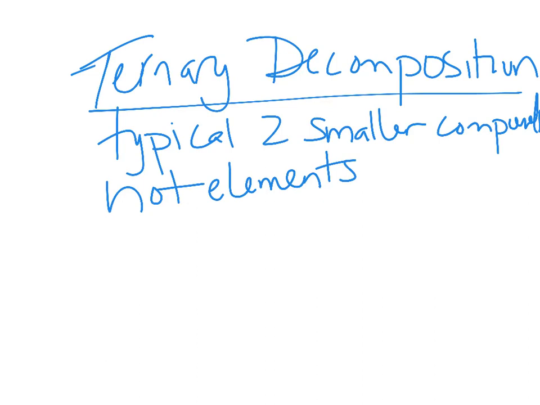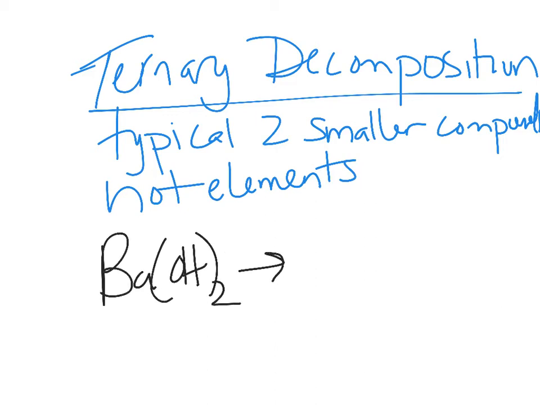What we didn't see in Chem 1 was ternary decomposition. So this is taking something that has 3 elements and breaking it down. So if I had something like barium hydroxide, I wouldn't break that down into barium plus oxygen plus hydrogen. So I'm going to make 2 compounds with this.